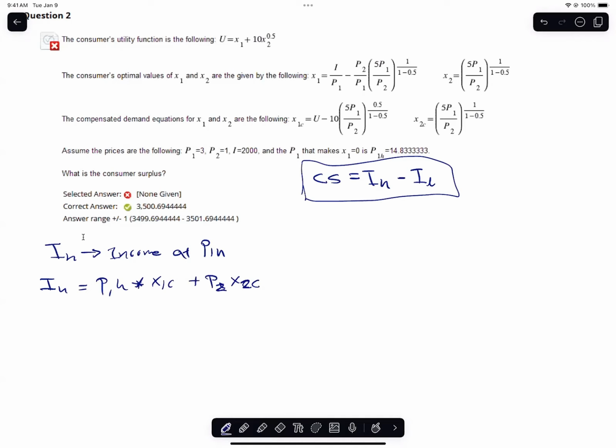Okay. Remember that this is going to be 0, because X1C when we have P1H is going to be 0. Sorry about that.